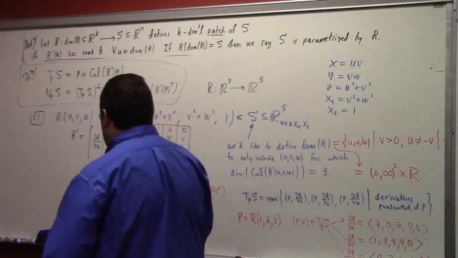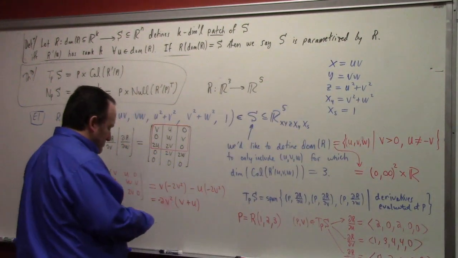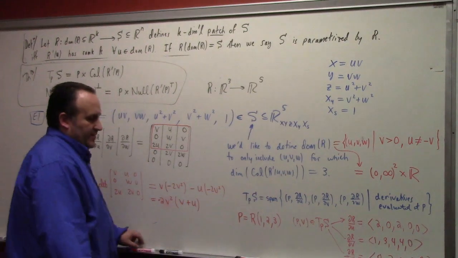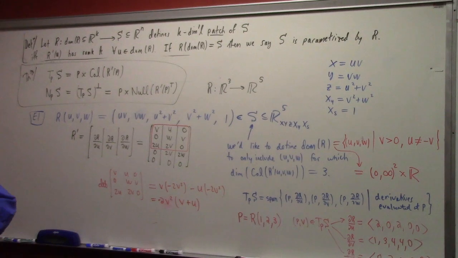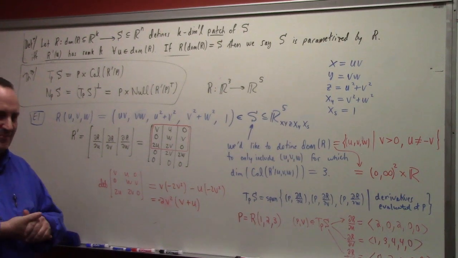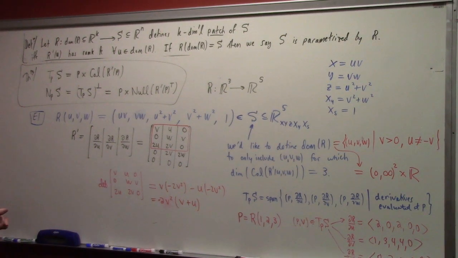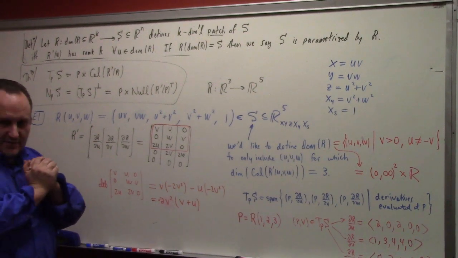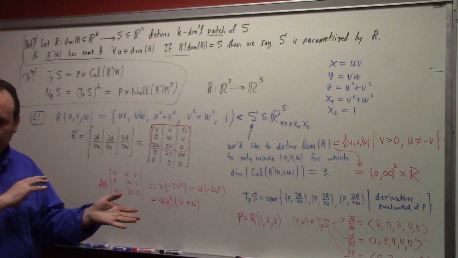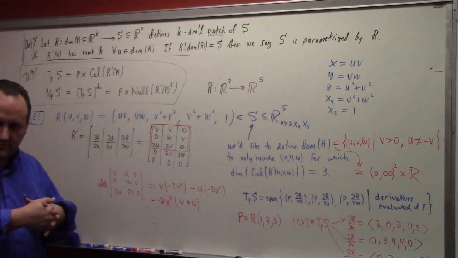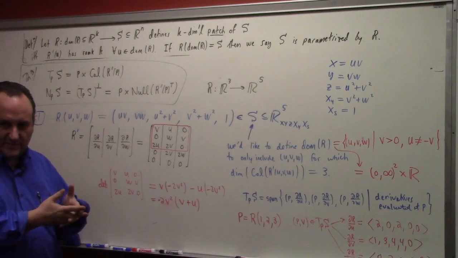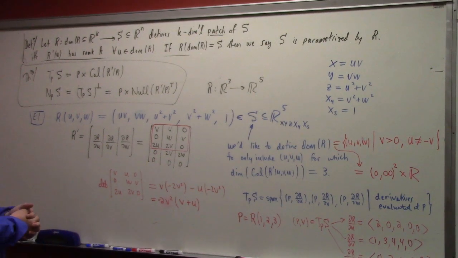So there's my, those form a basis once decorated for the tangent space. I'm really liking this decoration for the tangent space. And of course, we could just shove those in a matrix and calculate the null space of it, and the basis for that would then be, once decorated, the basis for the normal space.